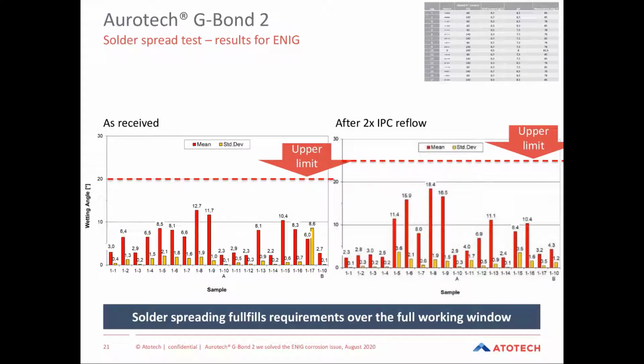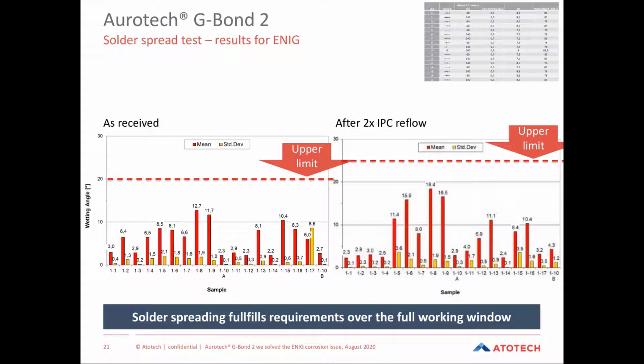There are several conditions which were tested here, because this was the result of a working window DOE that we did, where we varied the complexing agents in the bath, the pH, the gold bath temperature, and the gold content.